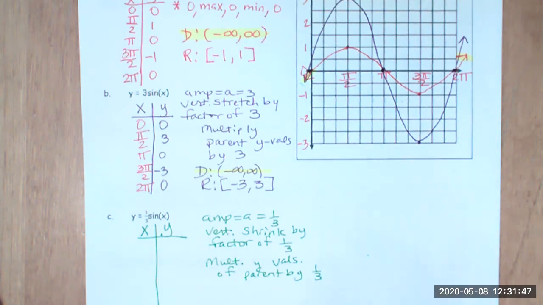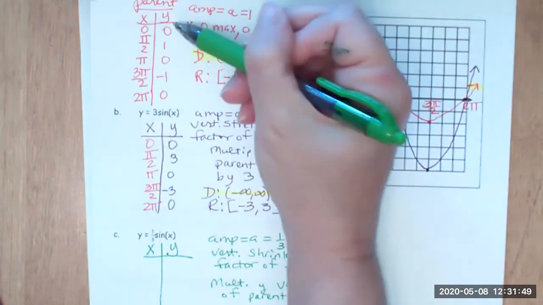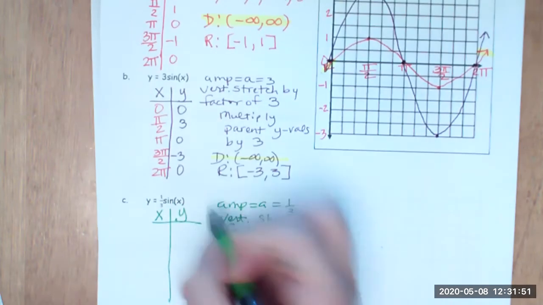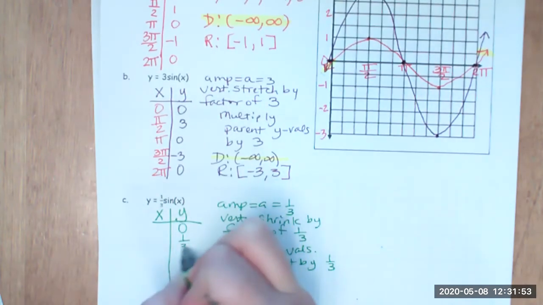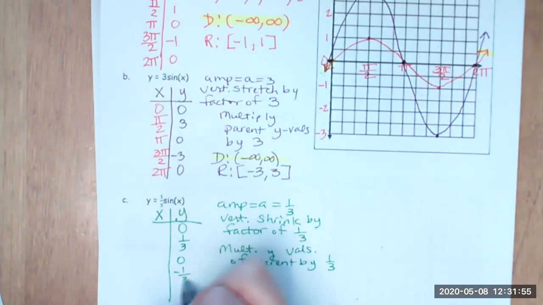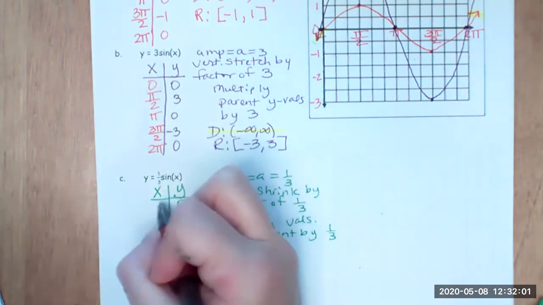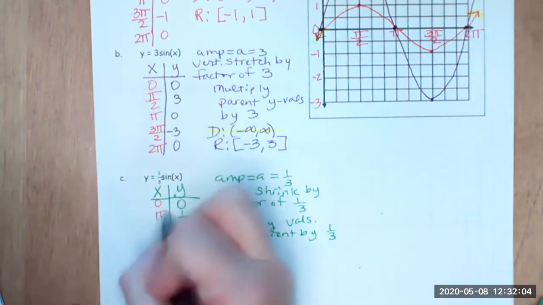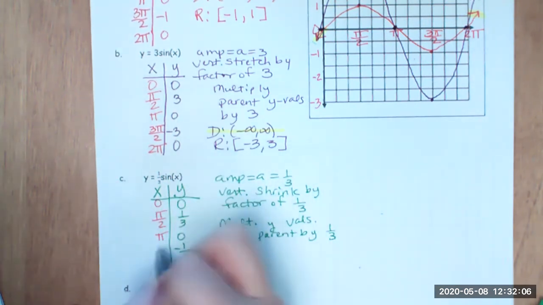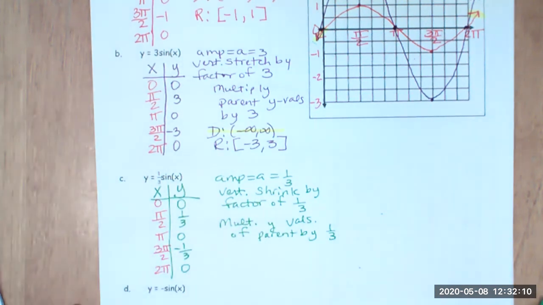Okay, and so taking the original values here, multiplying them by 1/3, we now have 0, 1/3, 0, -1/3, 0. Okay. On the other hand, the x values still remain the same. 0, pi over 2, pi, 3 pi over 2, and 2 pi. Okay.